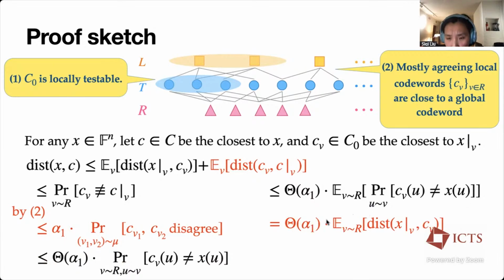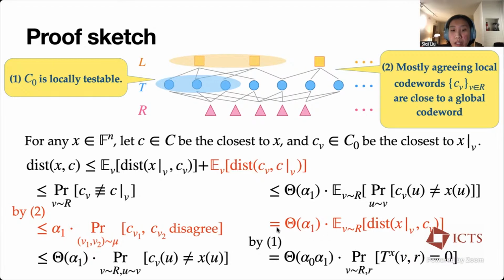So now we know that this expression is precisely the first term in the sum that we had here. It's just the distance from the restriction to its correction. And we know from the calculation before that this average distance can be upper bounded by some constant times the rejection probability.